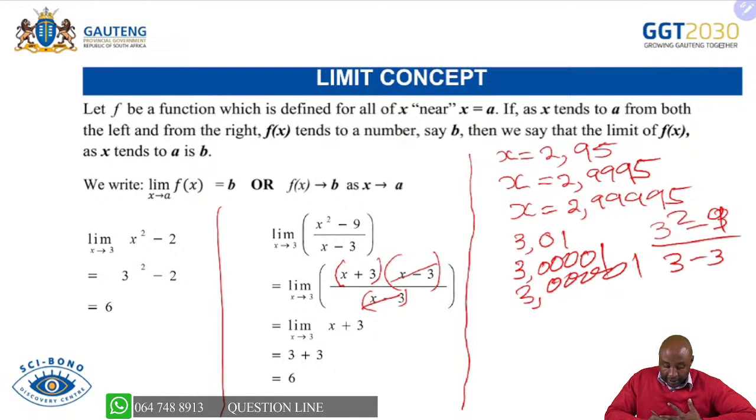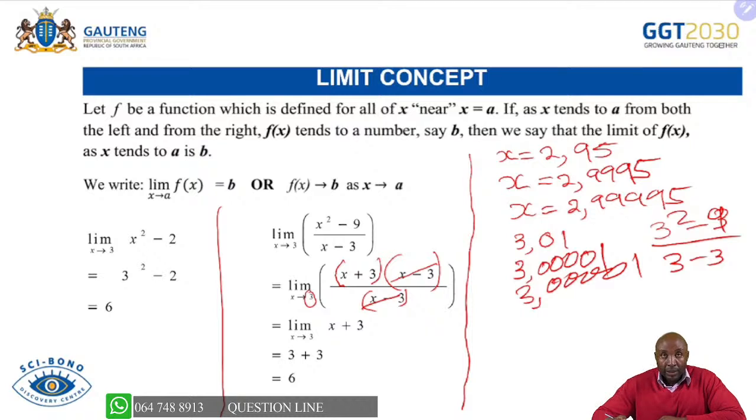From there on, we are able to do what we did in the first example, where we take the limit value, in this case 3, and substitute it into the function, but we no longer write the limit as x approaches 3 because we are already evaluating the limit, and this will give us an answer of 6 as well.